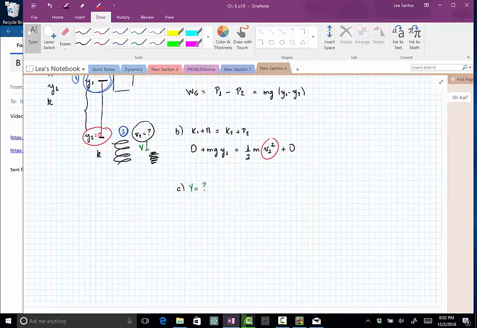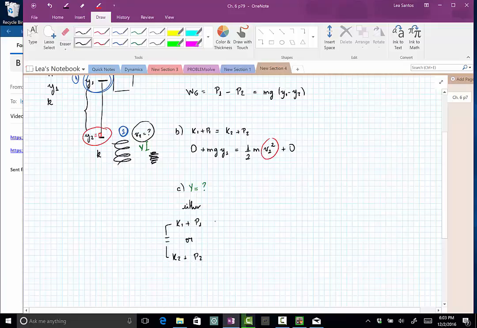So either I select as my initial mechanical energy the sum of K1 plus P1, or I select K2 plus P2. It's up to us. We know that they are equal anyway. And this will be equal to the final scenario, which I'm going to call 3, after the spring gets compressed. And here I have K3 plus P3.